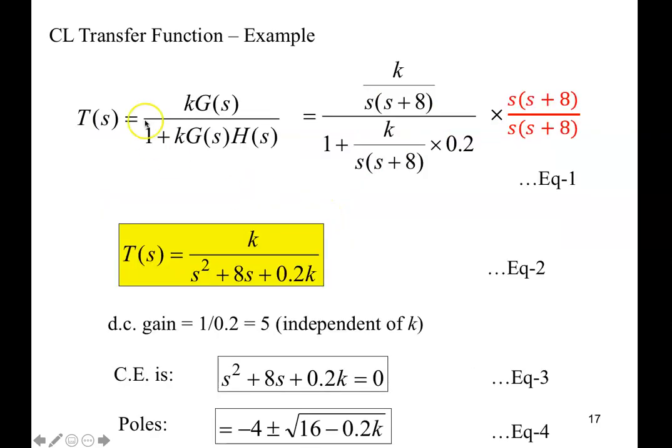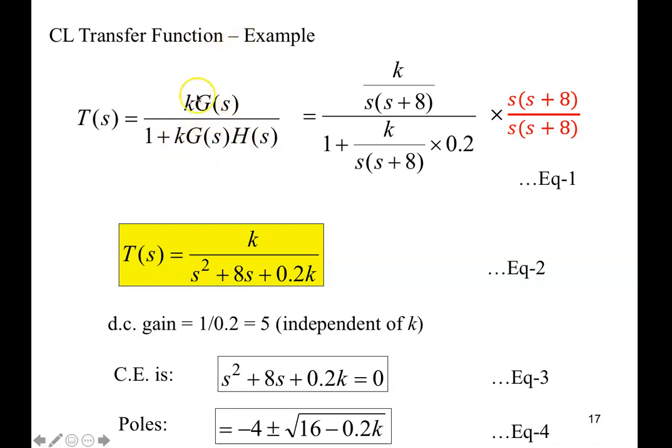Therefore, my closed loop transfer function is k times G in the numerator. These are the product of terms in the feed forward path. In the denominator, we have 1 plus k times G times H. These 3 terms are all in the feedback loop. Now substitute G and k into this.